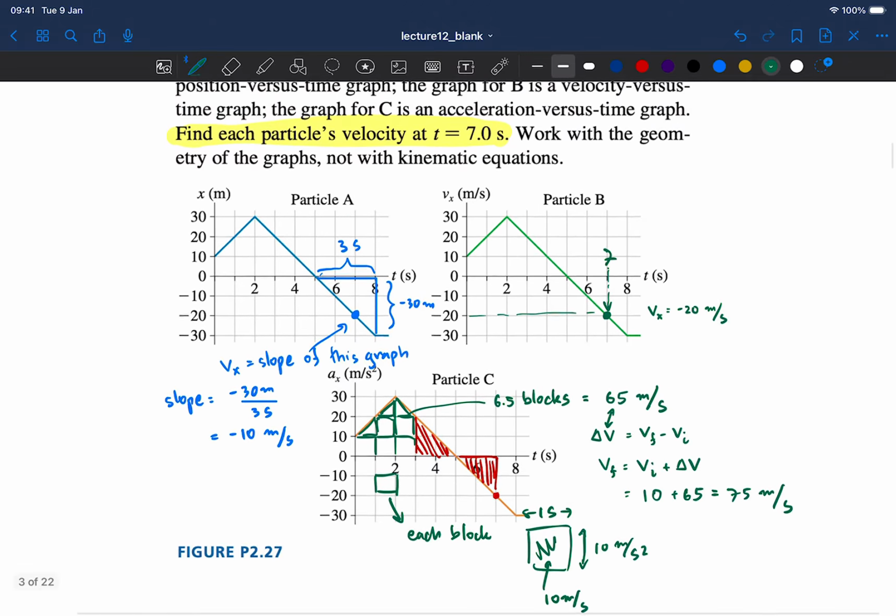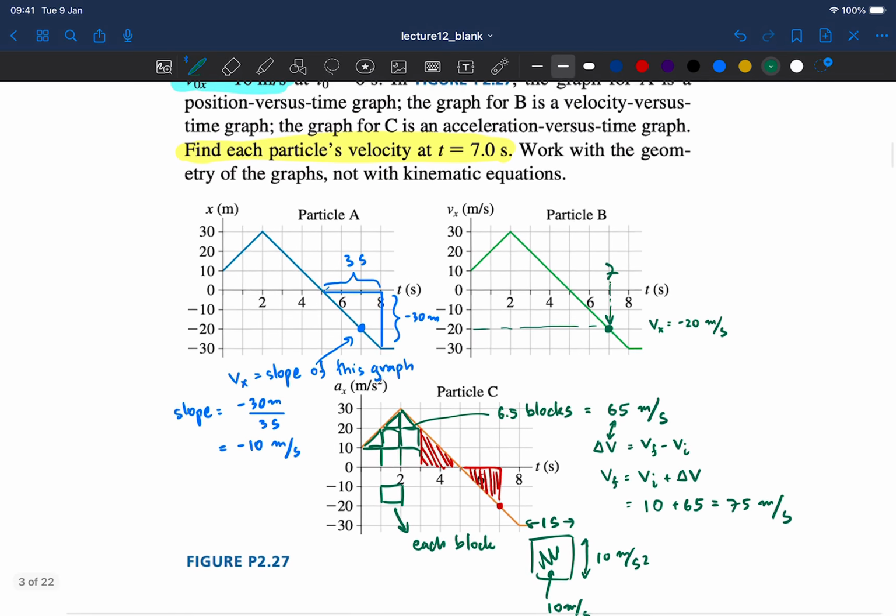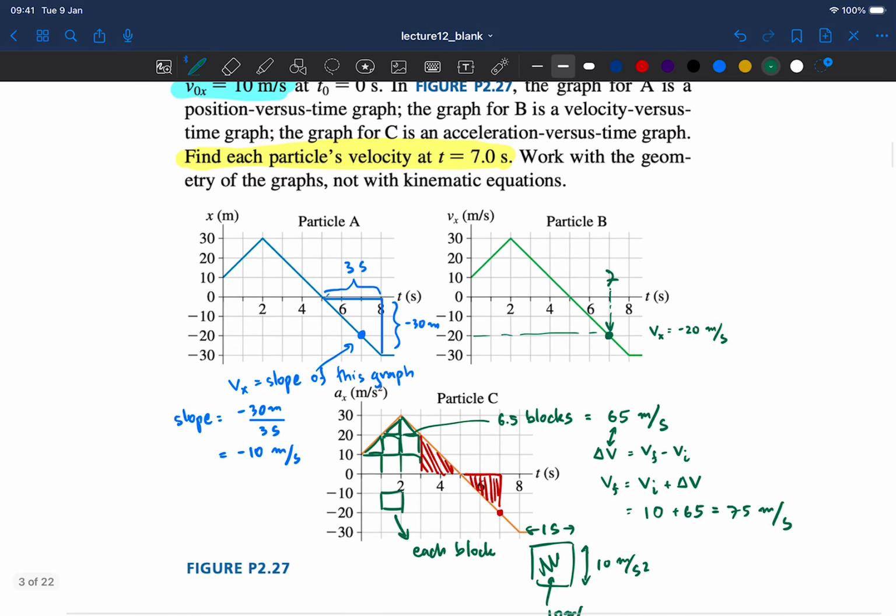So that's the answer for part C, particle C. Is this okay? All right, let's continue.